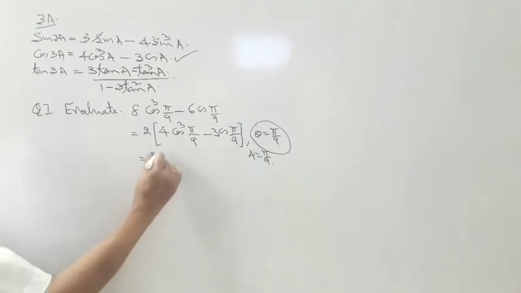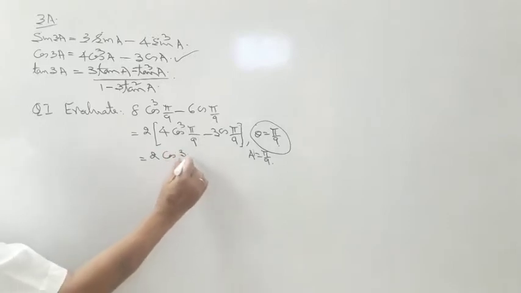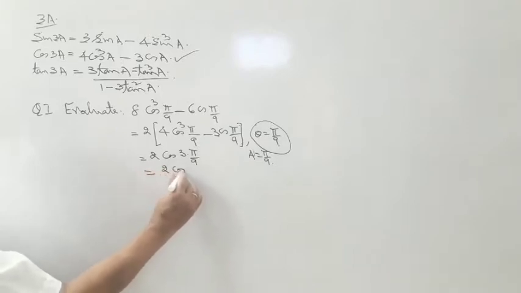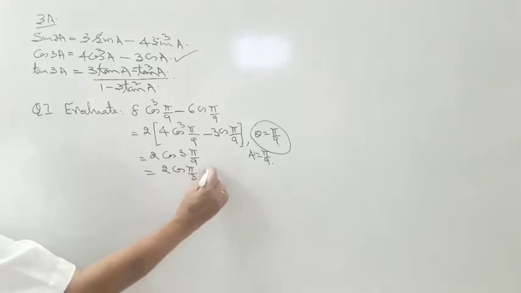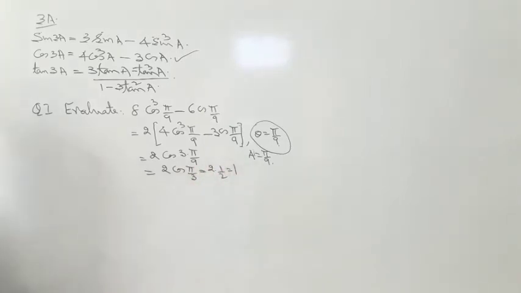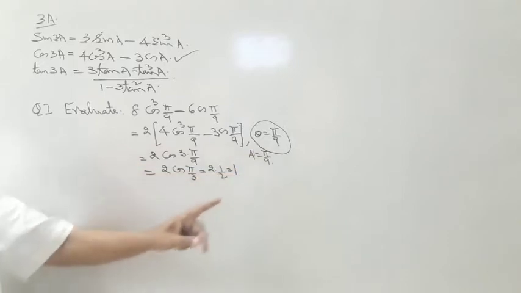It becomes cos 3 times a. So this becomes 2 cos pi by 3, which is equal to 2 into half, that is equal to 1. So it is a very simple, direct application of the formula. You can take theta or a as pi by 9, apply it, and get the value.